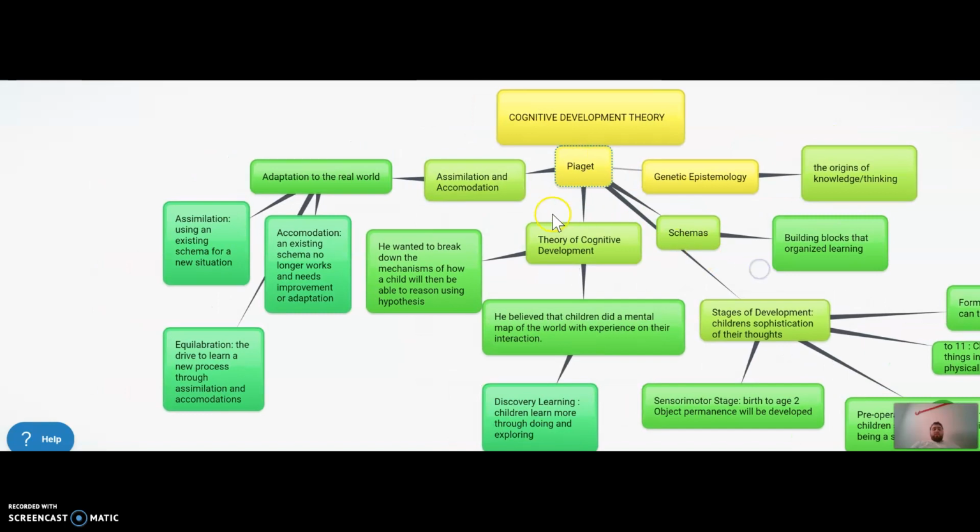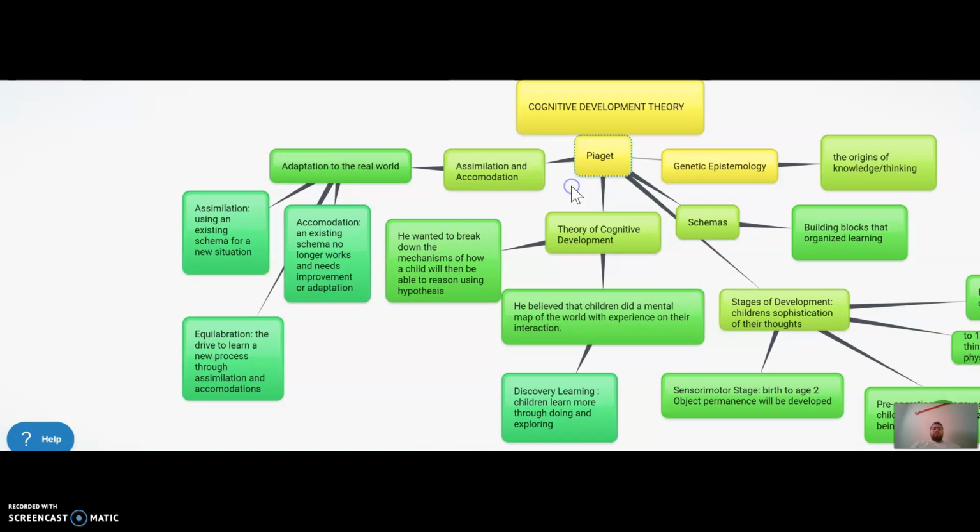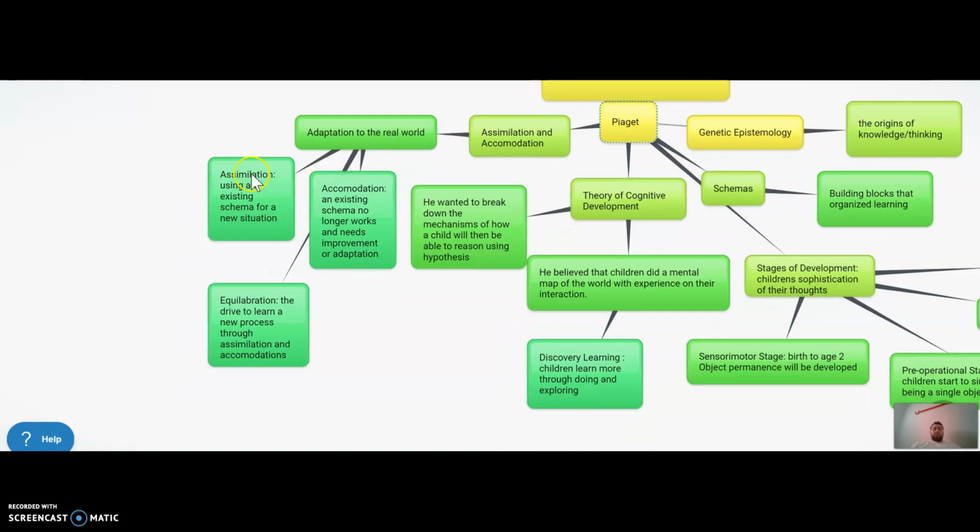So then we go to assimilation and accommodation, which are adaptation to the real world. Either they assimilate things or they accommodate to things. So basically a definition for assimilation would be using the existing schema for a new situation.